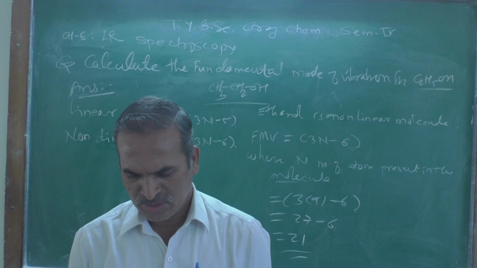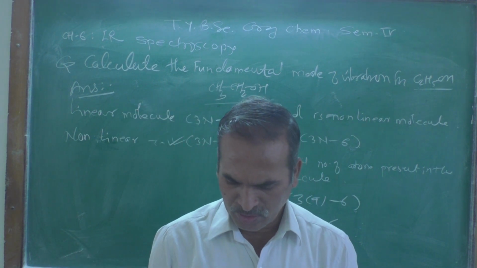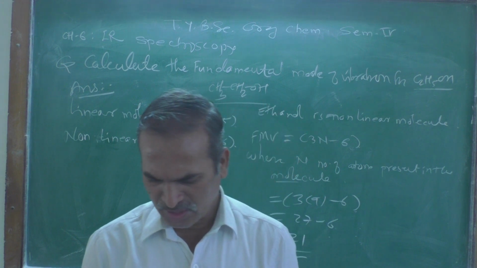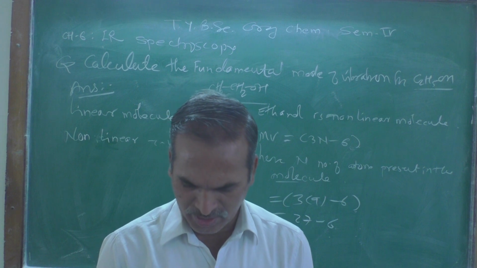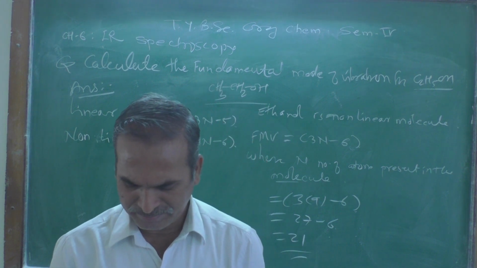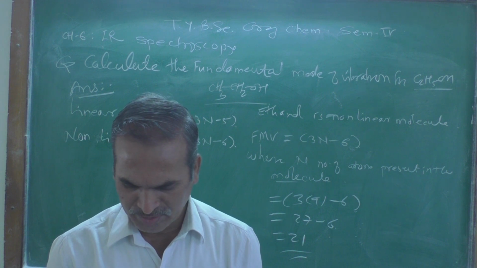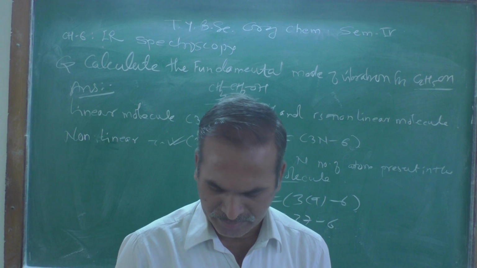CO2 molecule, which is linear, water molecule, ethane molecule, ammonia molecule, nitrous oxide. So these are some of the examples, and from that we can calculate it, and we already learned.